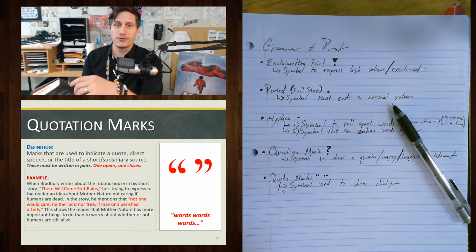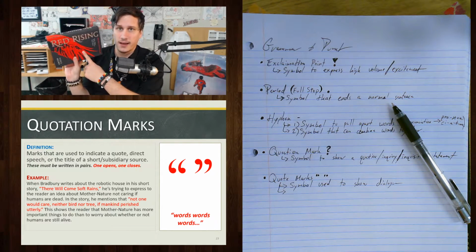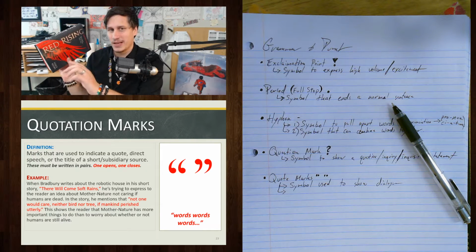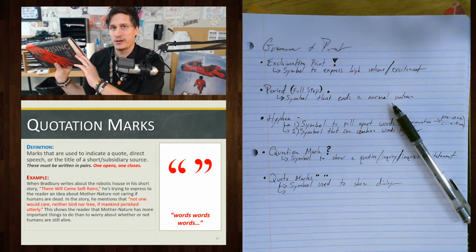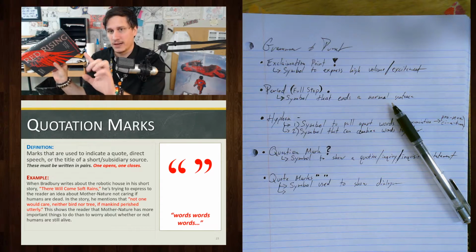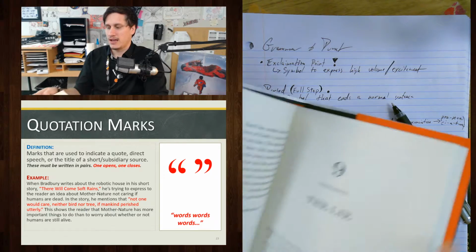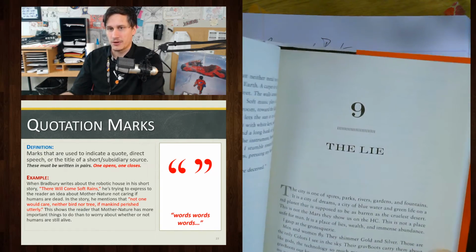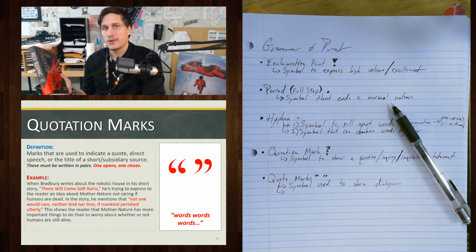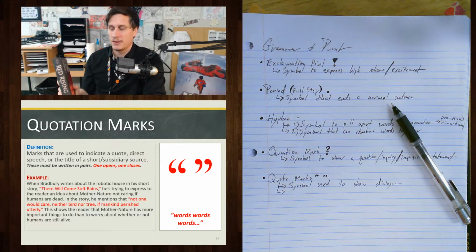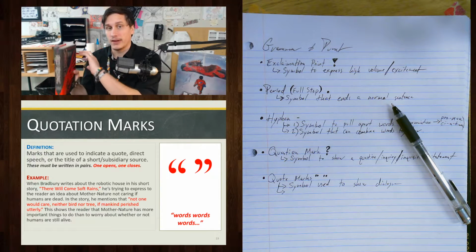Now, if I were to reference this book in my essay, and I say Red Rising, because this is a large publication, I would have to write it italicized, meaning like my letters are all slanted, right? If I were to reference just the name of that chapter, chapter 9, I would have to put the chapter name in quotation marks because it is a smaller part of a larger whole.